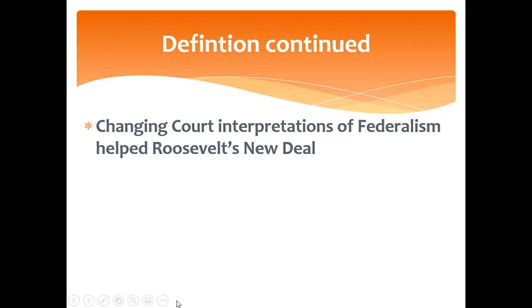If we look at the 17th Amendment, the 17th Amendment deals with how we decide who our U.S. senators are. Today, every state elects its two U.S. senators. Before the 17th Amendment, the U.S. senators were selected by the state legislature.